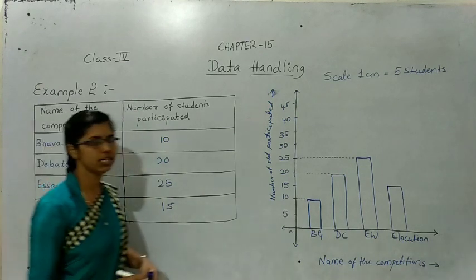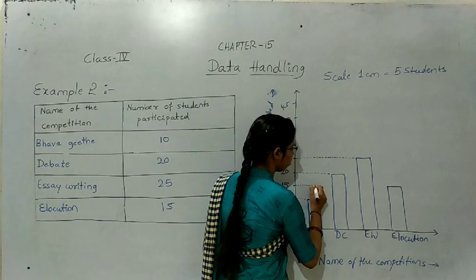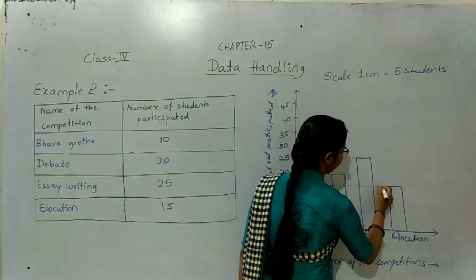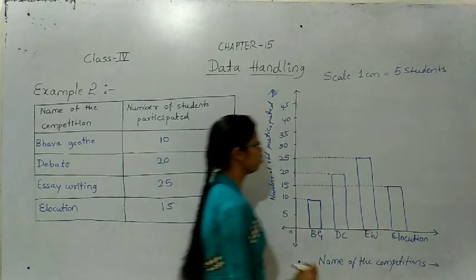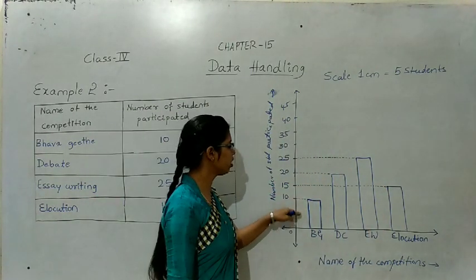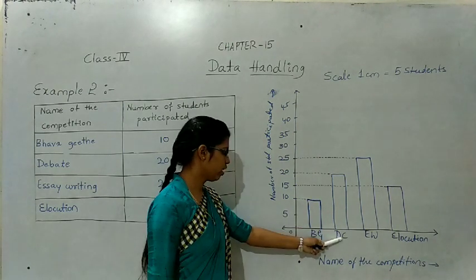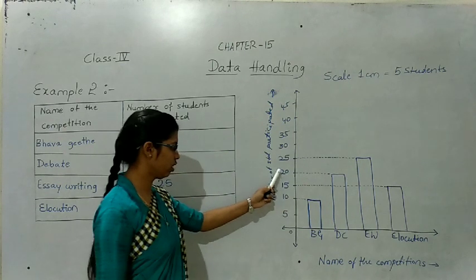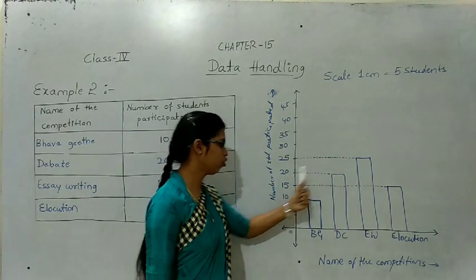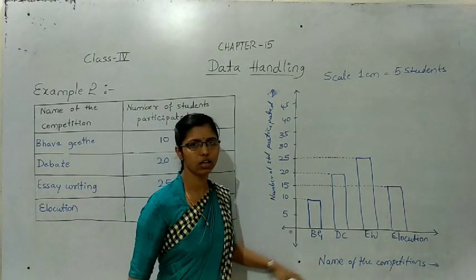The last one is elocution competition. That is also one kind of speech competition. Okay. So the first is exactly equal to 10, the second exactly equal to 20, the third exactly equal to 25, and the fourth exactly equal to the last value. This is about the graph.